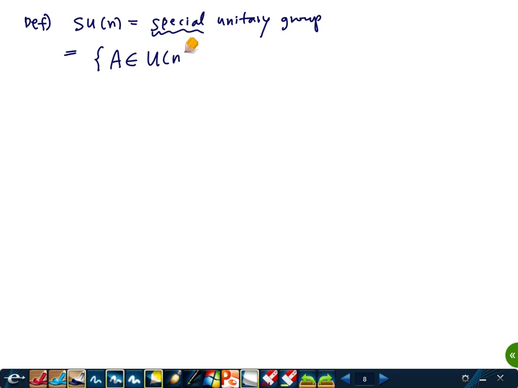Another definition. You will see many definitions today. SU(N), the special unitary group. So now you can guess the definition. Special means determinant 1. So it's basically unitary matrices whose determinant is 1.